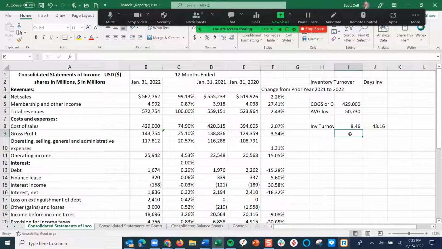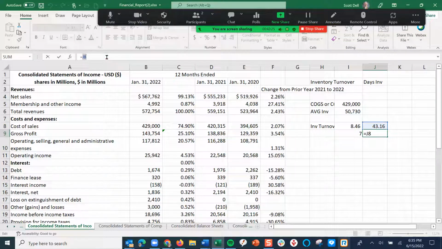But if I said last year our inventory turns were 7, that calculates that and equals that, equals 365.